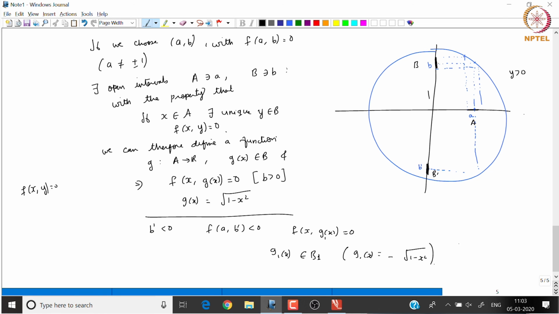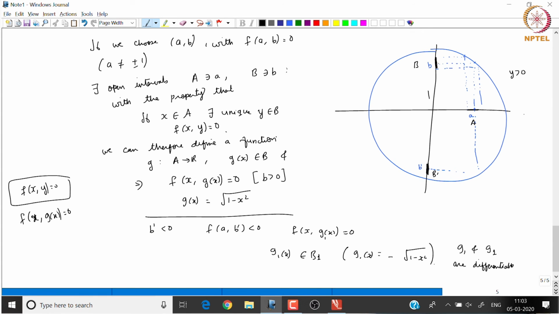And not only that, both g and g1 are differentiable. So again the idea is, given a function of this form, when can I write y as a function of x?